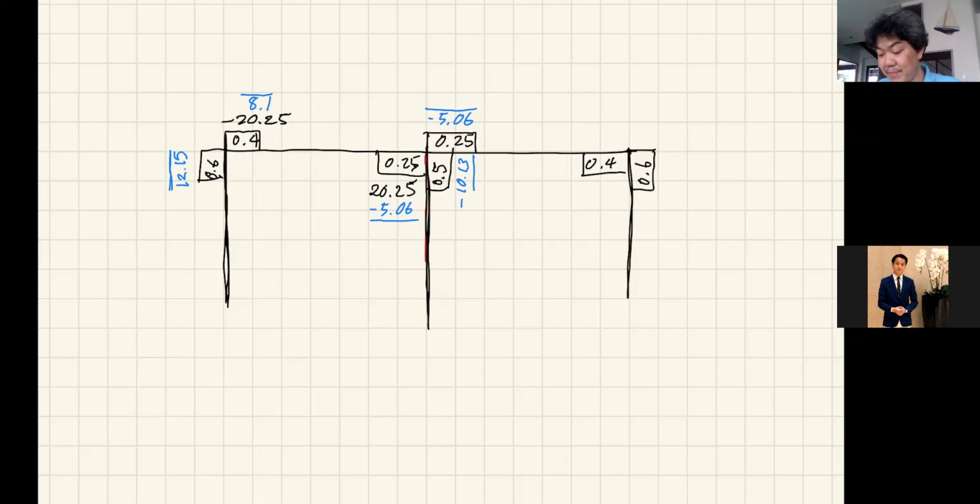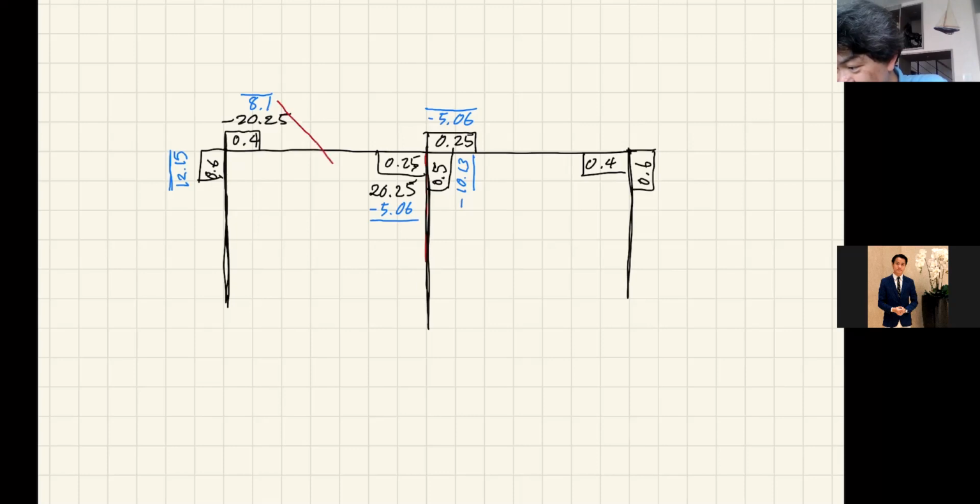Okay, now the mess is going to begin a little bit when you do need to carry it over. But luckily, at least we have modified our simple end support, right? So I need to carry the moment. Now you guys need to be extremely concentrated, because you should know that this 8.1 is at the end of member AB.